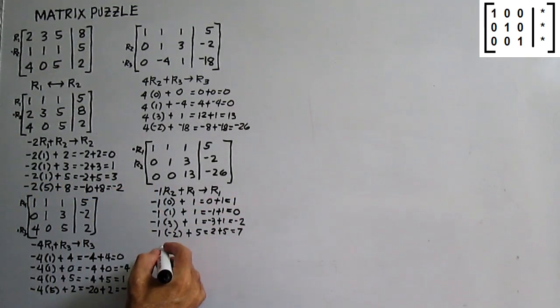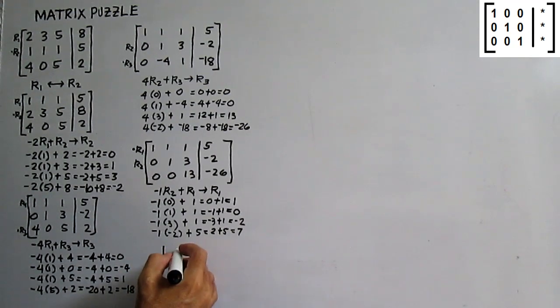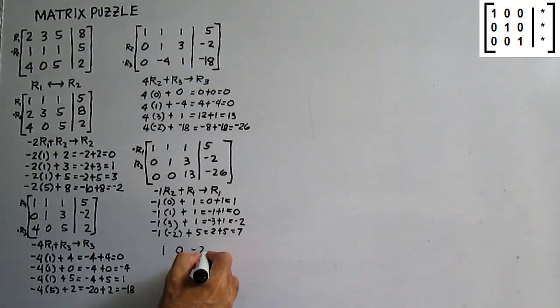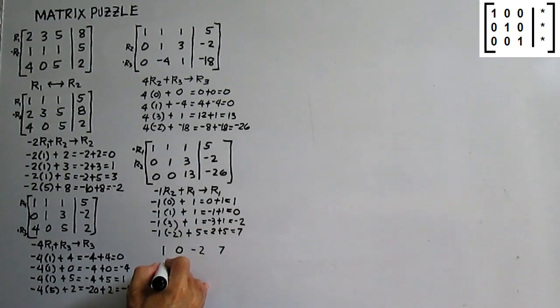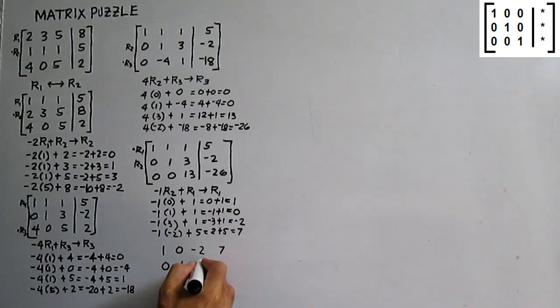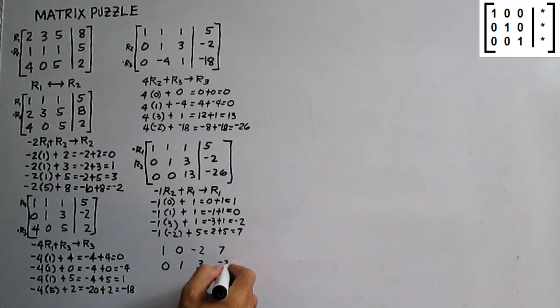Replace row 1 and copy row 2 and row 3: 1, 0, negative 2, 7. 0, 1, 3, negative 2. 0, 0, 13, negative 26.